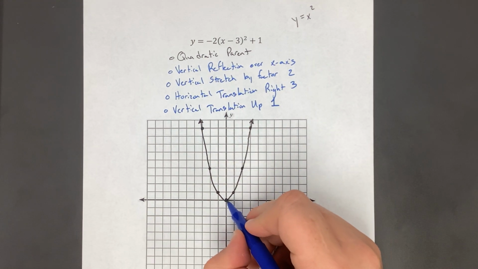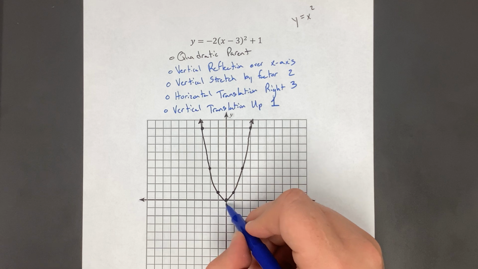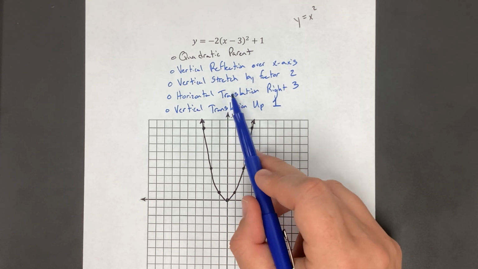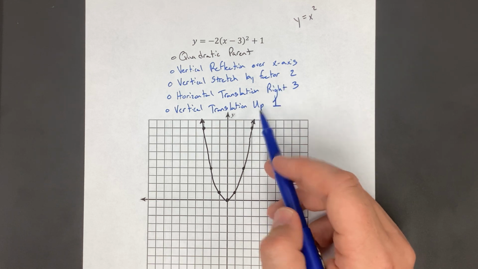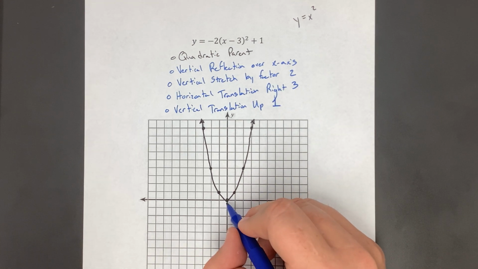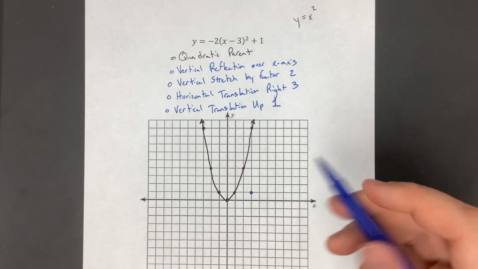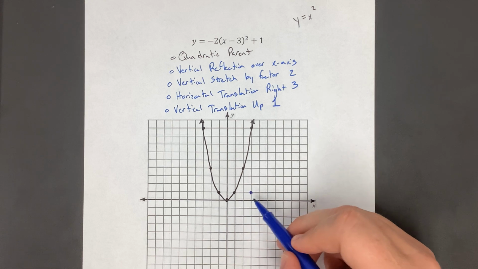And because my y value here is 0, well, 0 times 2 is still going to be 0. So really this vertex, this point at 0, 0, is only affected by our translations right, left, up, or down. So that vertex at 0, 0, I'm going to go right 3, 1, 2, 3, and up 1 right here. So my new vertex is shifted right 3, up 1.